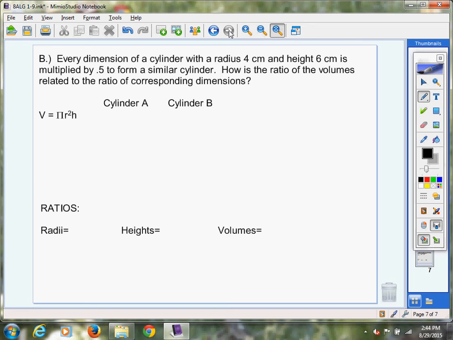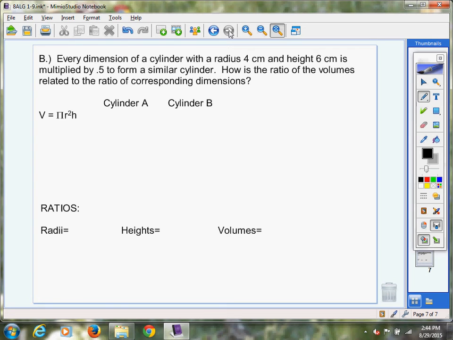All right, so now we're going to talk about cylinders. Every dimension of a cylinder with a radius of 4 and a height of 6 is multiplied by 0.5 or 1/2 to form a similar cylinder. So remember what we said, when you're multiplying by a number less than 1, our first cylinder is going to be bigger than the second one, okay?